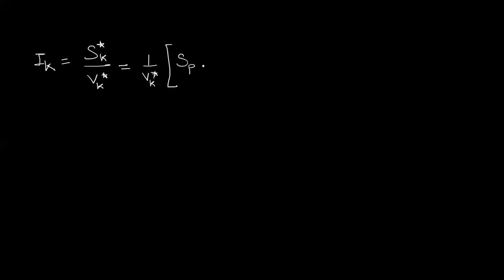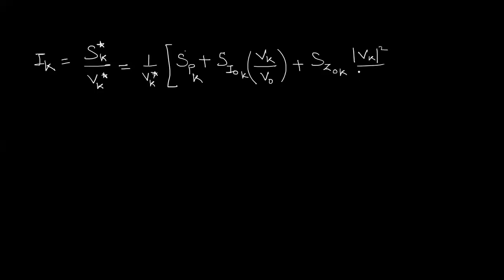So we have a constant power component plus a constant current component plus a constant impedance component, and its conjugate. Okay, so I just substituted a ZIP model, and let us simplify that.